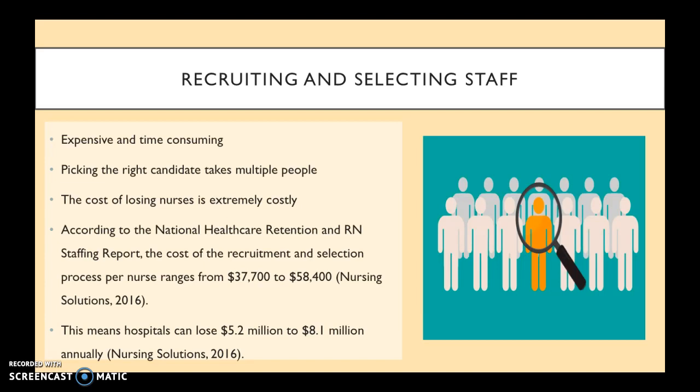This means the hospitals can lose $5.2 million to $8.1 million annually. That is because there are hidden costs that may be even more expensive than the recruitment and training process and include poor quality of work, disruption of morale, and patients' ill will and dissatisfaction.